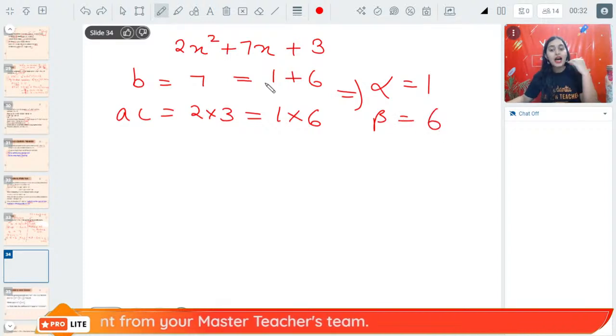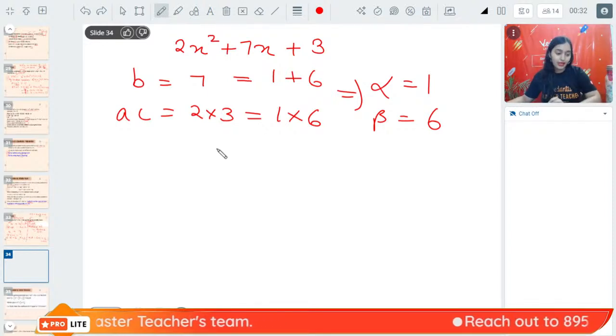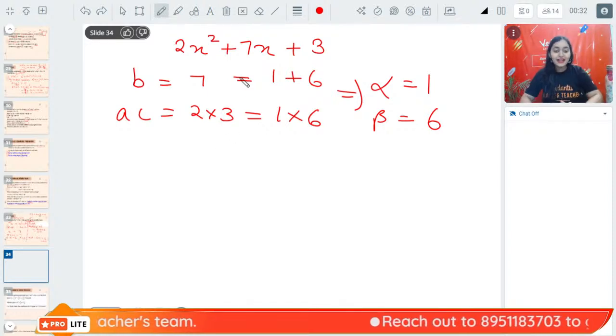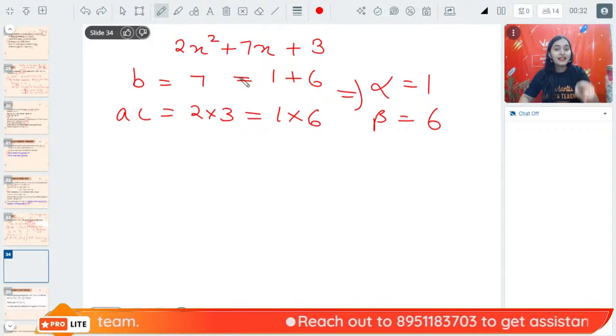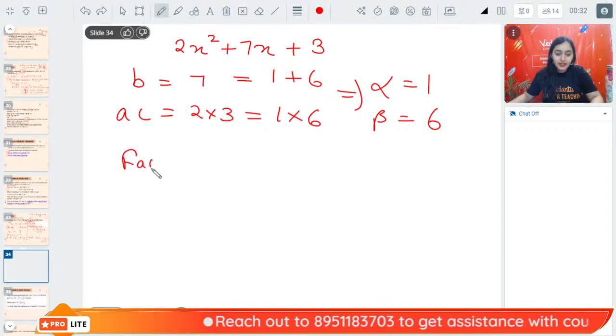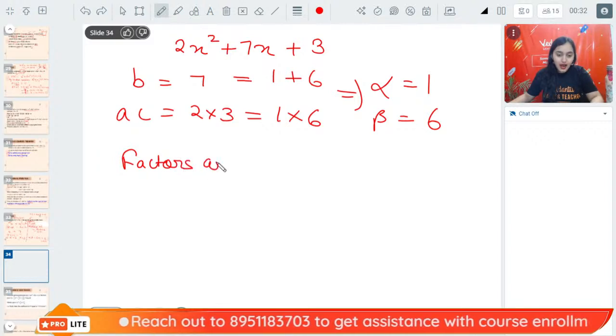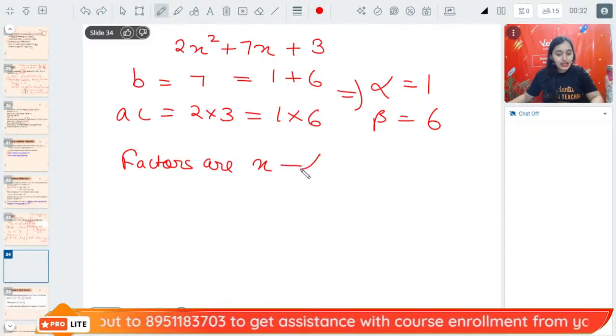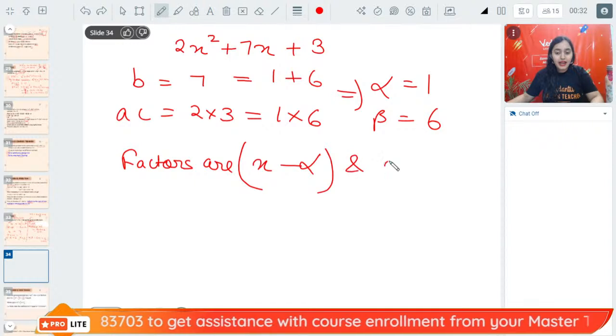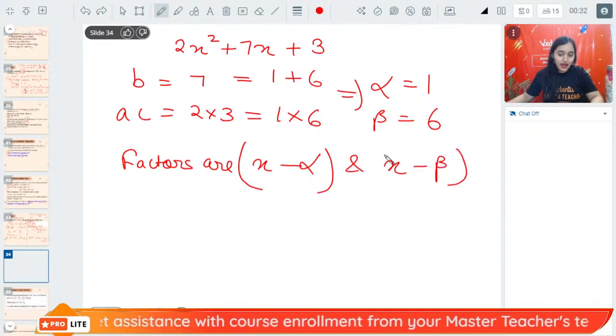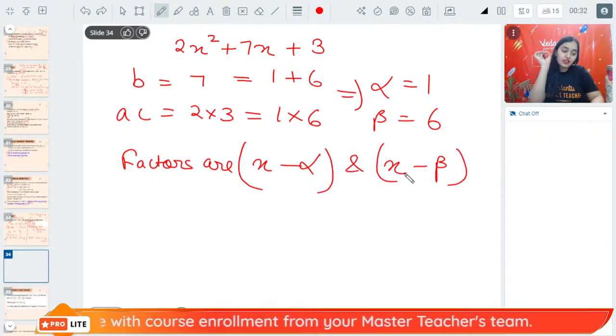But alpha and beta are the zeros of the polynomial. So what are the factors? Factors are x minus alpha and x minus beta. So what are the factors of the equation?